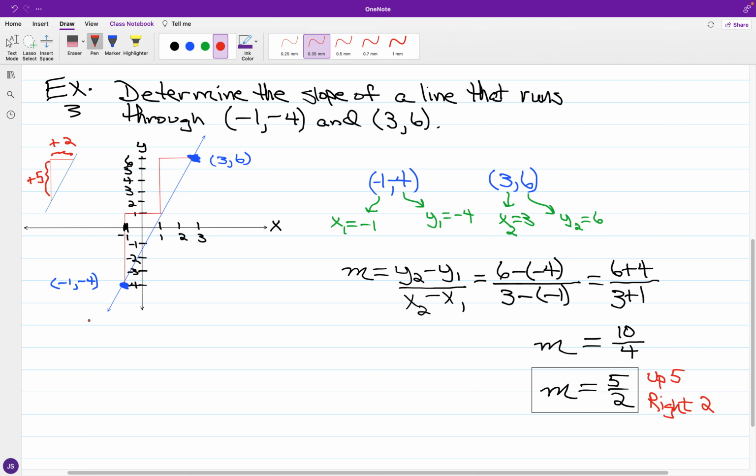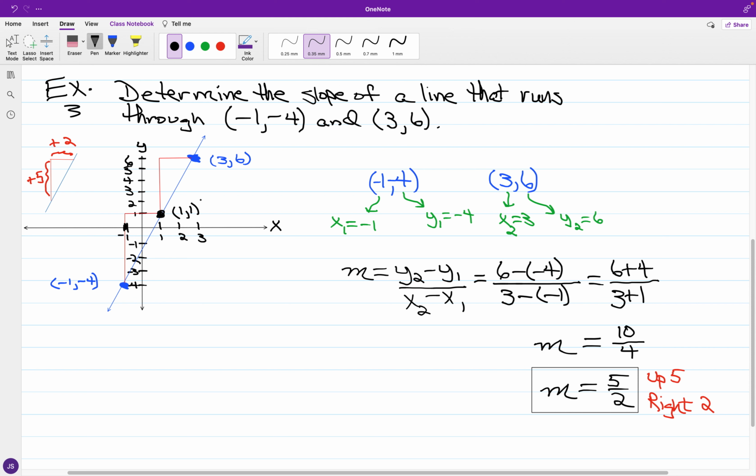Okay, and if I start at (-1, -4), your y value goes from -4 plus 5 to y equal to 1, and then shifting over 2 units, I'm going from -1 to +1. So you have an intermediate point, which would be at (1, 1). And if I go up 5 units, I'm going from y equal to 1 to y equal to 6.